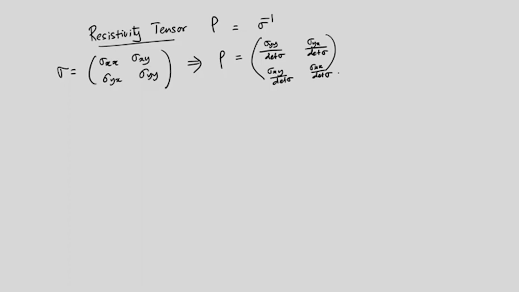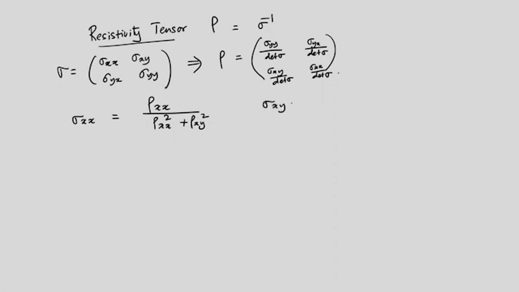So, it is a 2 by 2 problem which you can easily invert by taking the cofactor and dividing it by the determinant, and in that case the relationship between sigma xx and rho xx is like this. So, this is the denominator that I have been talking about, which is the determinant of sigma. Okay. So, these are sigma xx and sigma xy.